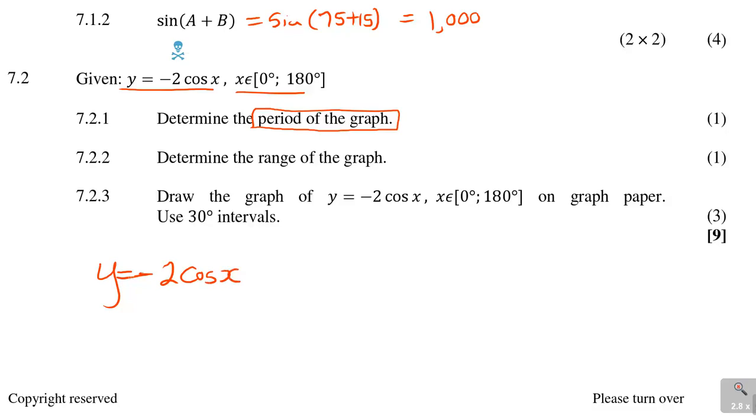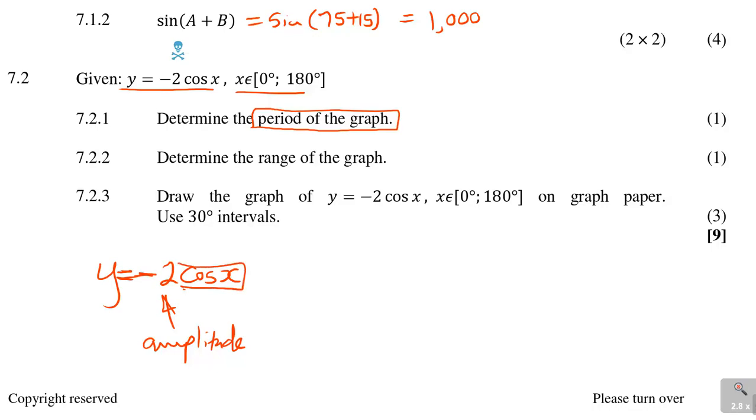Right. So what you have in this particular graph, you have got things that you have to identify. We have got minus 2, which we call the amplitude. Are you seeing that? And then you have got the negative sign in there, which is actually telling you how the graph is turning.